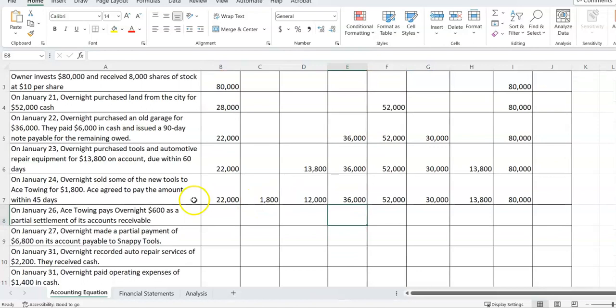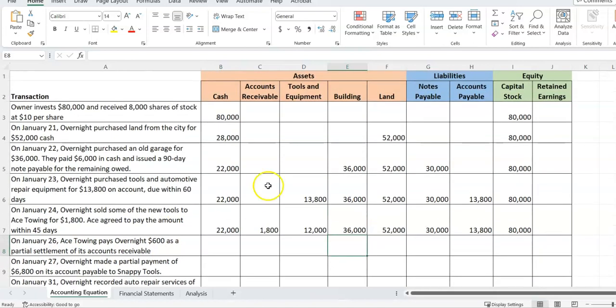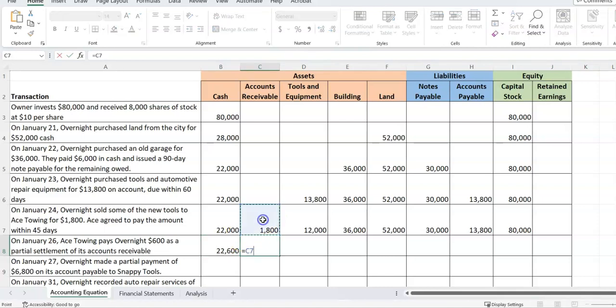Okay, now on January 26th, we were paid $600 for this accounts receivable. So we received $600 in cash. So now our cash has increased $600. And we have $600 less on this. So now they only owe us $1,200.